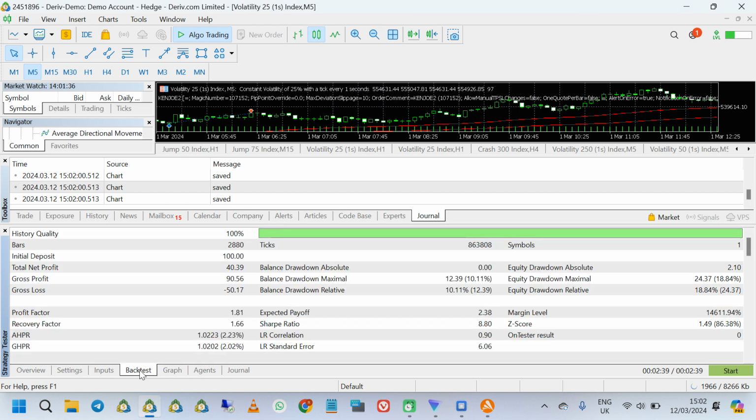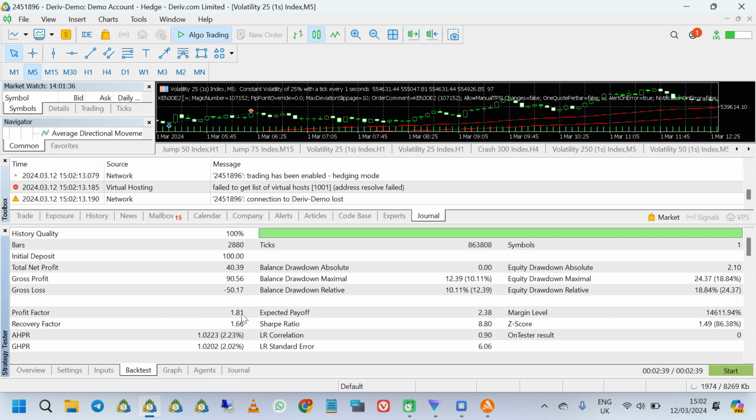So let's go to back test. The net profit here is 40, and the gross profit is 90. The loss is 50, which is also okay. If you look at the drawdown, which I actually explained, that is very important. You want to know the percentage drawdown, and it's just 18.4, 18.8 also.